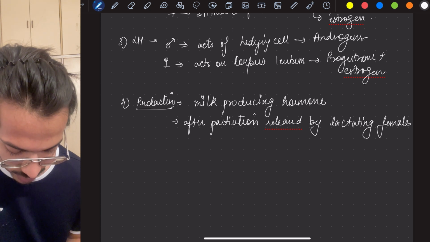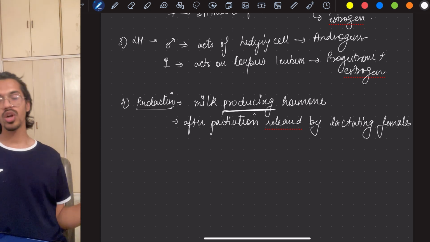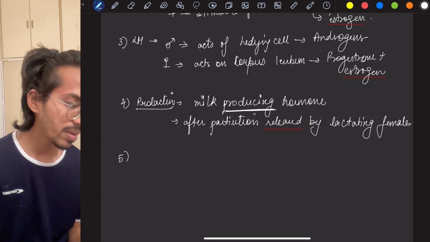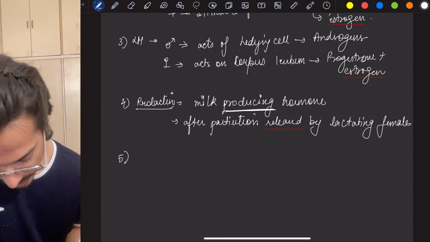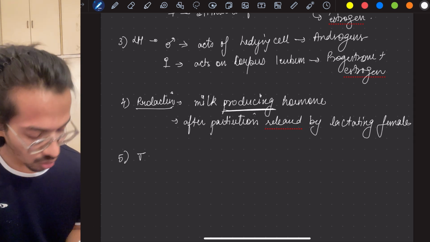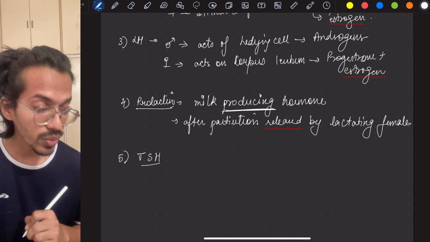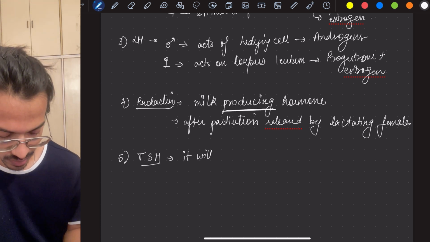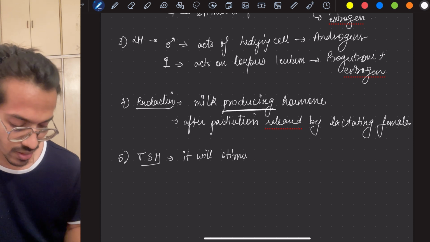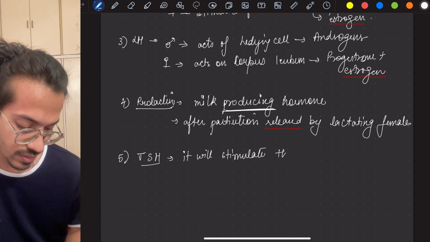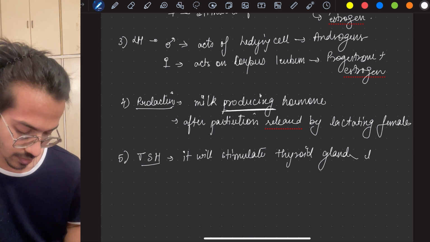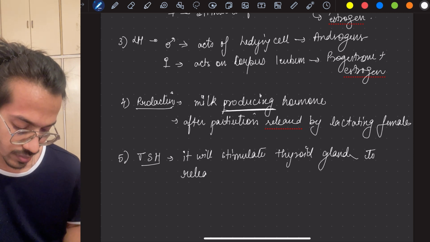So production of milk is done by prolactin. The next hormone to remember is thyroid stimulating hormone. It stimulates the thyroid gland to release its hormone. Simple.